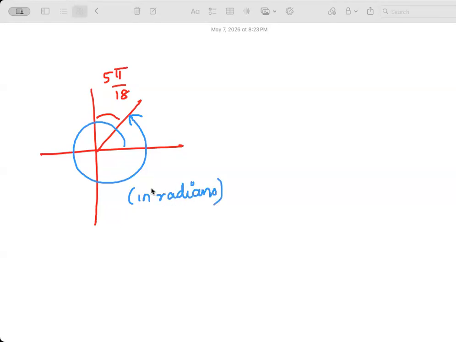Would you be able to do that? Check it out. The entire rotation is 2 pi, and that's the only thing you need to remember. Every quarter is pi by 2, pi by 2, pi by 2, pi by 2. If they give you 5 pi by 18, you can find the rest of the angle in that circle.